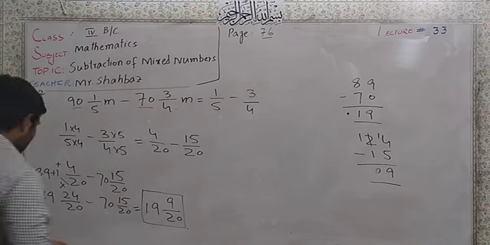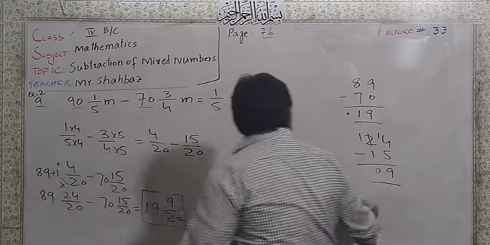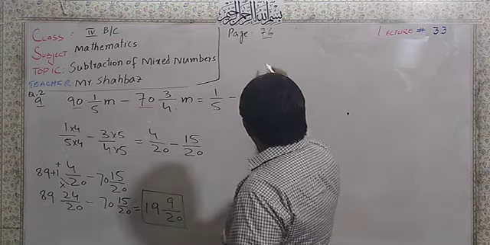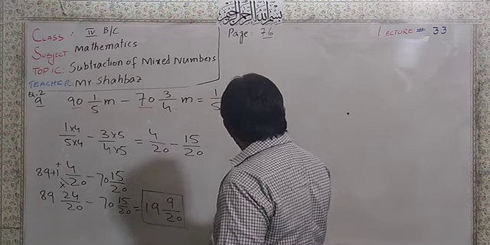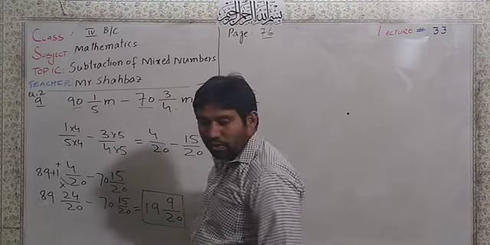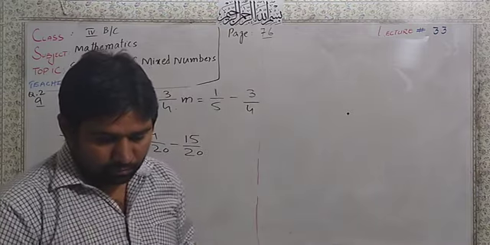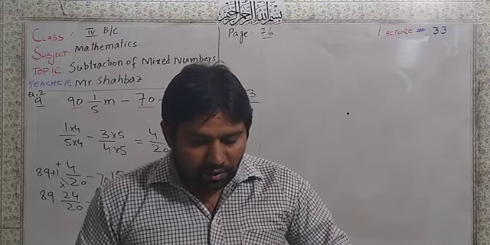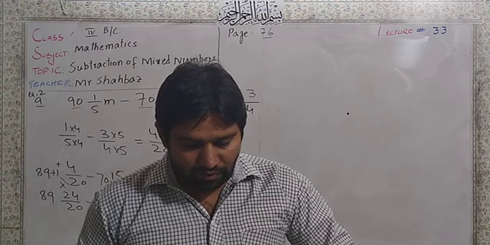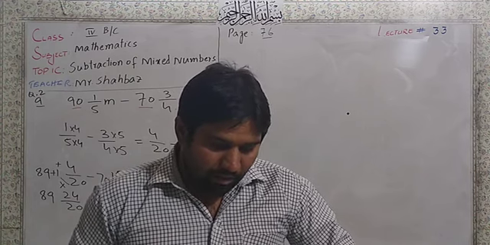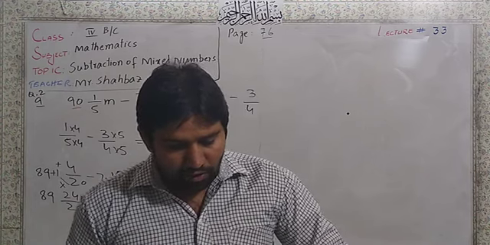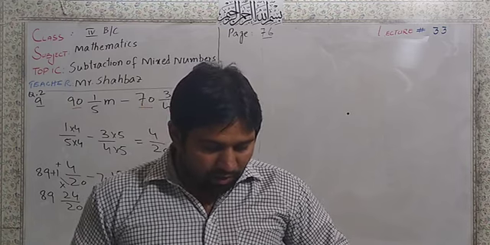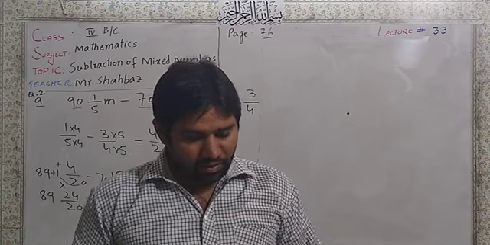In the next question, you will understand easily. Question B, part B of question 2. A bucket contains 12 whole 3 over 5 liter of water, and if Wasif uses 1 whole 3 over 4 liter for his water pistol, how much water is left in the bucket?